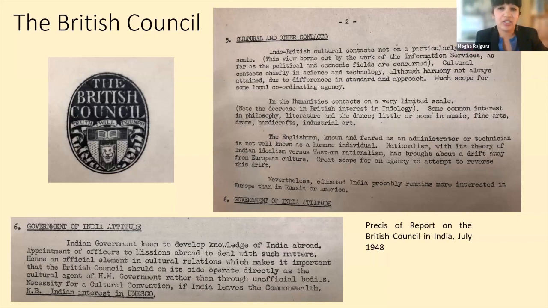On regular occasions, reports and correspondences highlight a paranoia about the opinion of the British held by Indians in comparison to the Americans. Another significant concern was the Indian interest in developing relations with the USSR, as well as the rise of the Communist Party, which was perceived as very dangerous.